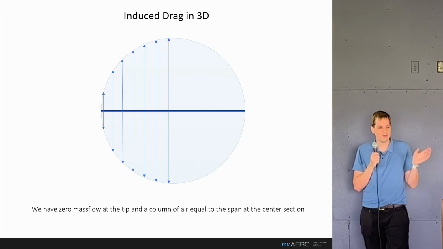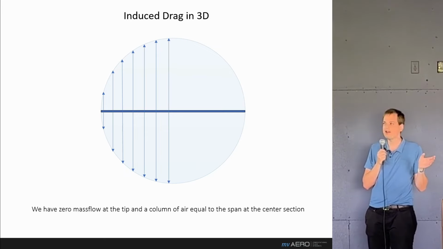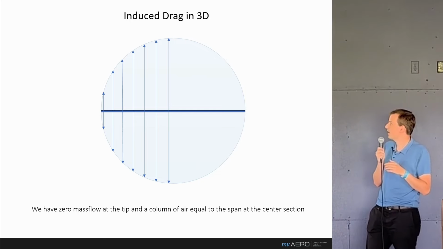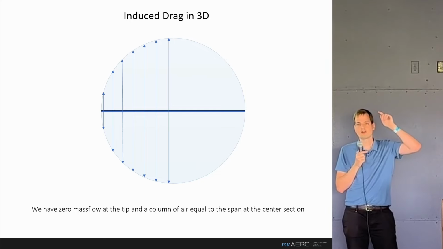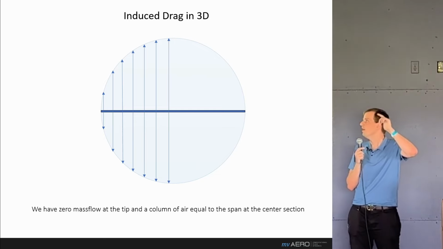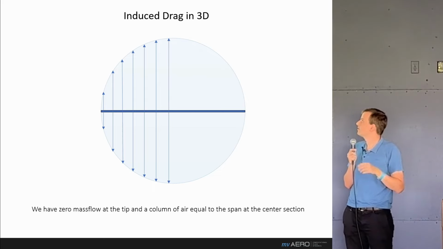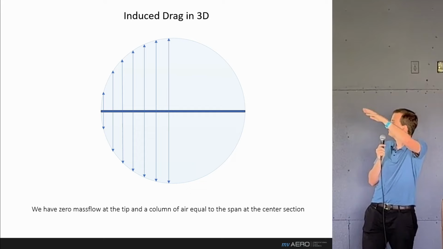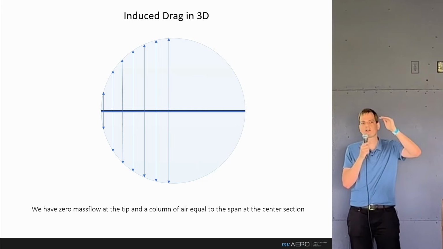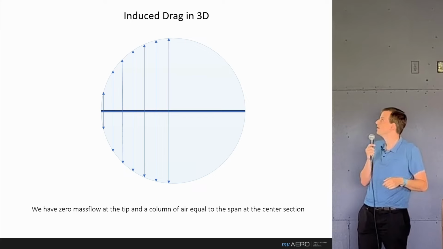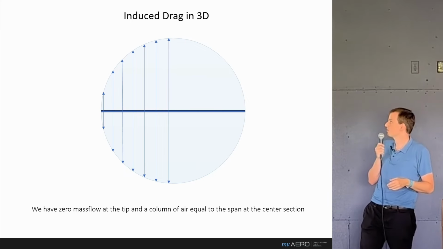We do have zero mass affected by the wing at the tips, as you can see, but the column of air that our center section is able to affect is equal in height as our span. And that then makes that the whole distribution, if we look at the column of air for each section of the span, becomes distributed like this, like a circle.